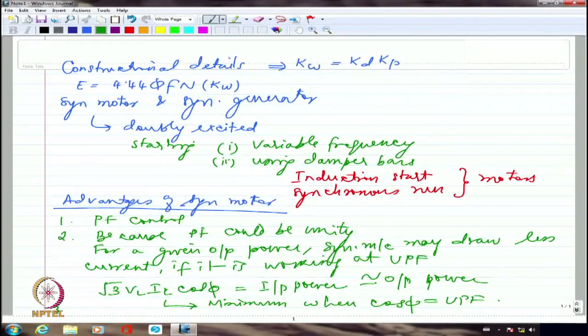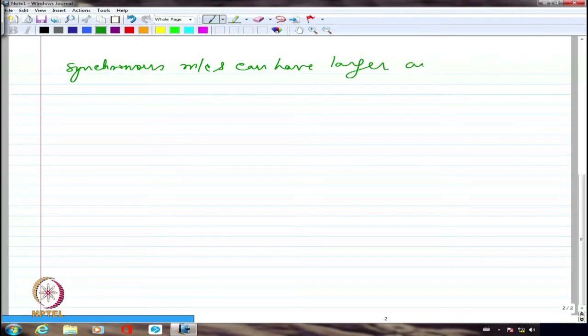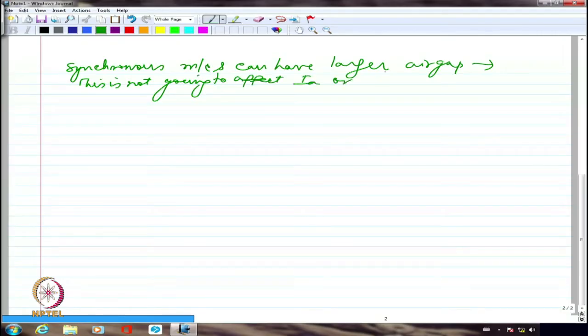So that is the reason why induction machines cannot have larger air gap, whereas synchronous machines can have larger air gaps, because this is not going to affect the armature current or armature power factor.